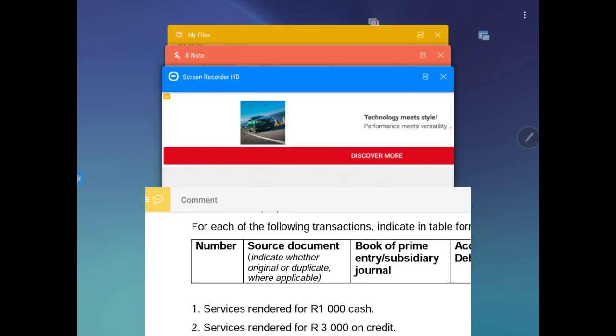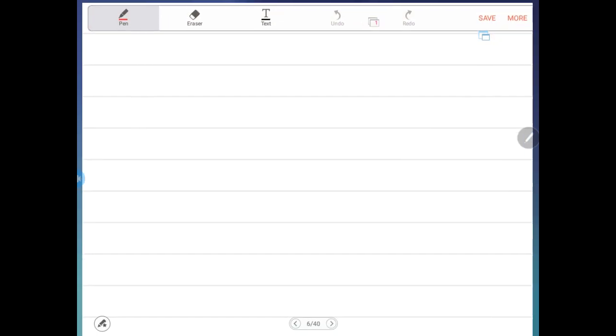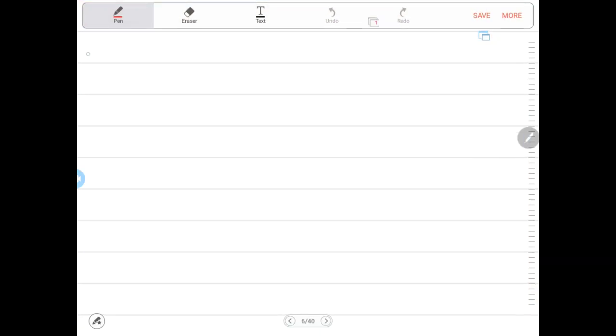Then I will open a separate document where I will be doing the workings. We'll have our number, where we specify if this is number 1 or number 2 or number 3. Then after, we will have a source document.